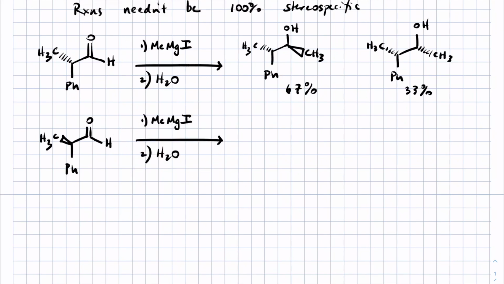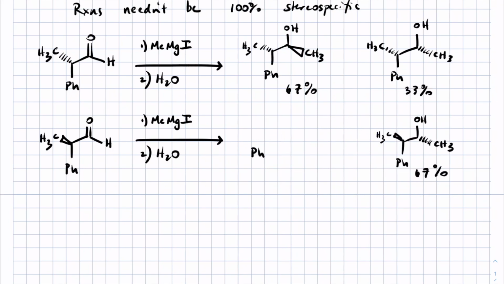So instead here, when the methyl group is up on the alpha carbon, you have a preference for methyl Grignard to add from below. That's now 67%, and I guess we'll move that here.